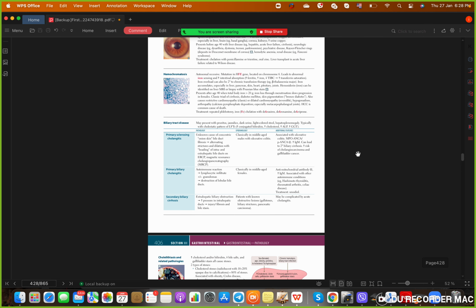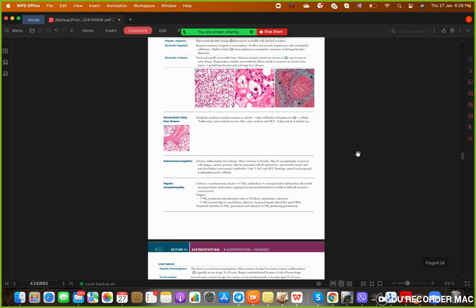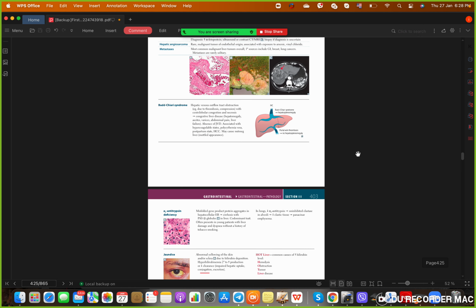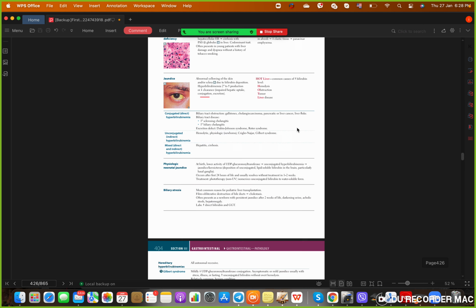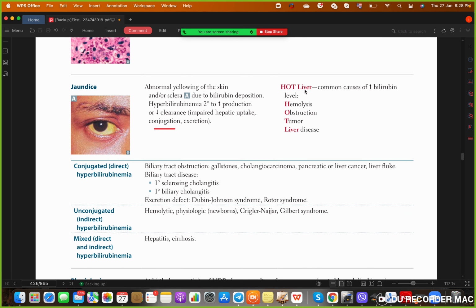So let's keep going. Yes. So they write, common causes of increased bilirubin is hemolysis. Just write D or I, direct or indirect. Hemolysis, direct hyperbilirubinemia or indirect hyperbilirubinemia? Indirect, absolutely, because it's before the liver.